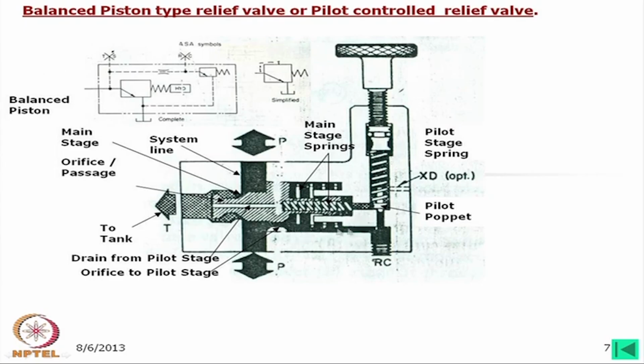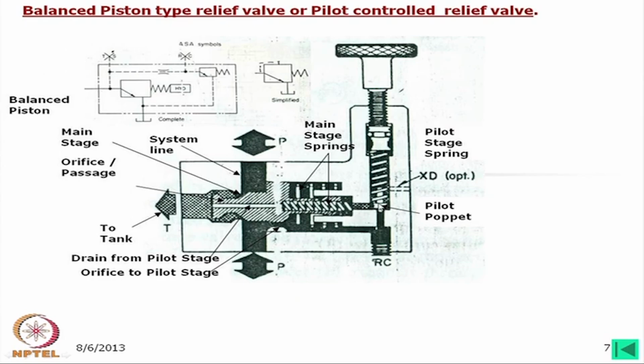If we consider here is a very small area, with a small thrust, the force is not very high. So this is a finer spring with a small force, and when the pressure exceeds the set pressure, then it opens, then oil comes over here.